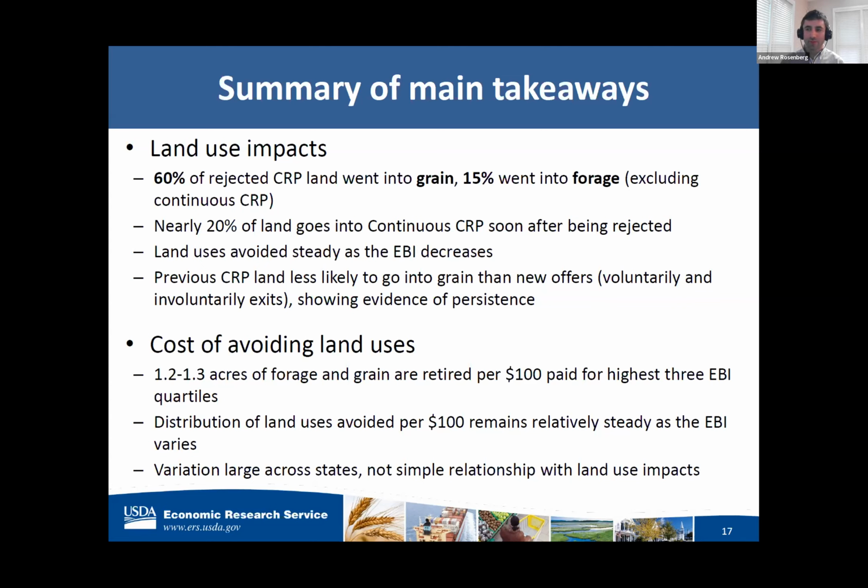So it is interesting that 20% decided that that was a good choice. I guess it implies that general CRP was a better decision for them, but after being rejected, they decided that continuous was better than whatever the alternative was.